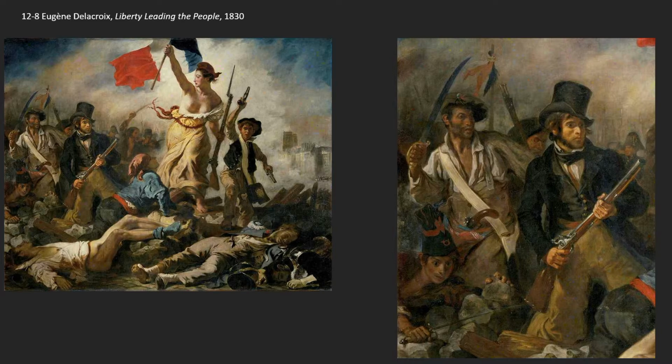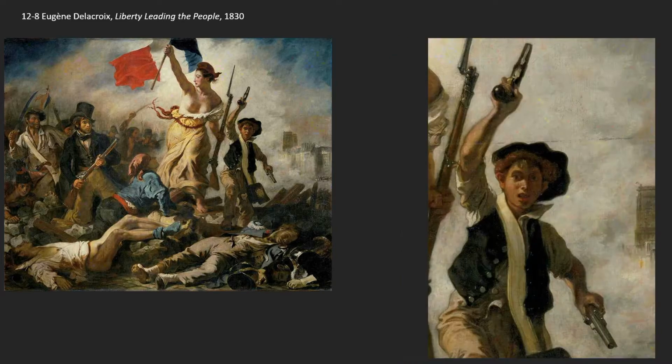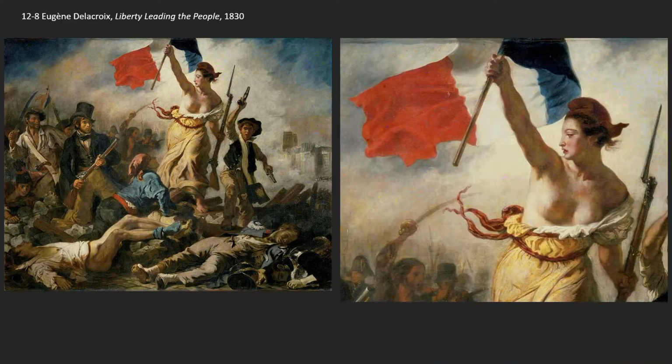Again, it's very Romantic. First we've got these sort of street urchins on either side, framed by two kids taking up arms, being led forward. The woman is their inspiration. She's not really there, right?